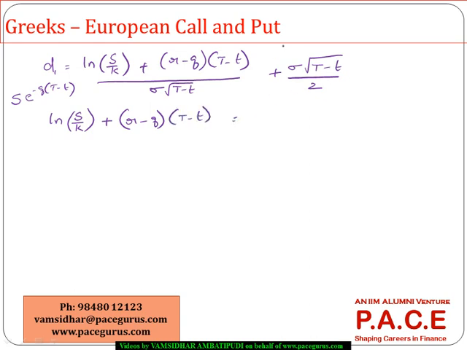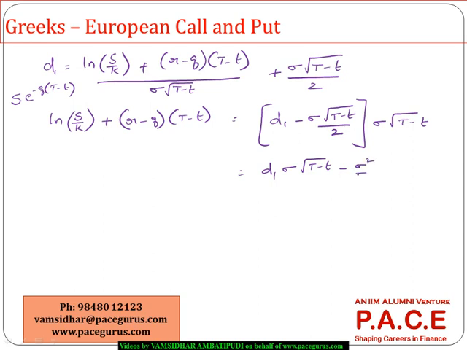So this can be very well written as d1 minus sigma root T minus t by 2, if I'm taking it to the other side, and this entire thing is getting multiplied by sigma root T minus t. So overall it is coming out as d1 sigma root T minus t minus sigma squared by 2 root T minus t, right? And this is the value coming out for S e power minus q T minus t.